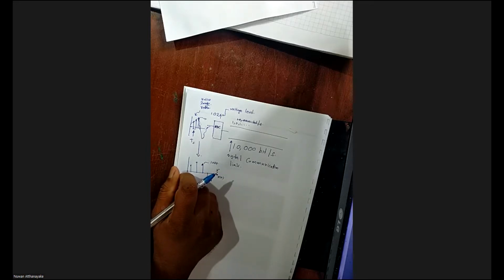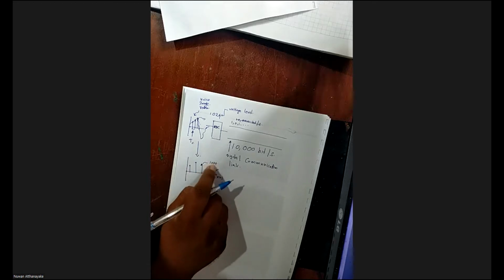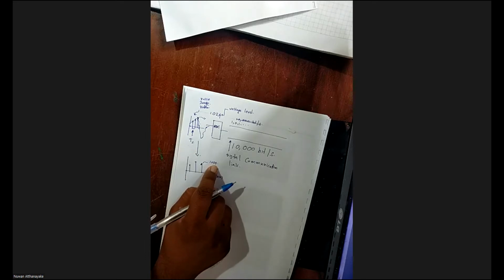So it says that this sample, any sample, will be quantized into 1024 levels, voltage levels. I think this 1024 level is a very famous one.